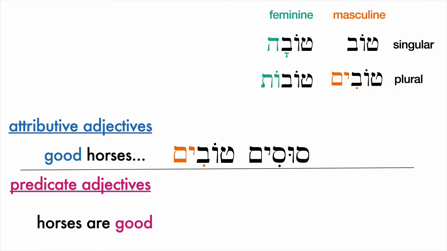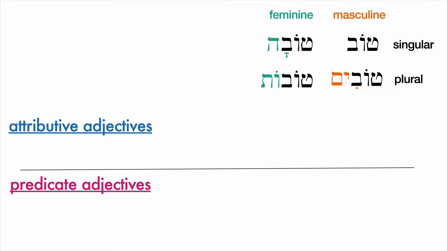If we want to say horses are good, we'll put the noun second, and we'll put the adjective first. Tovim, good, are susim.